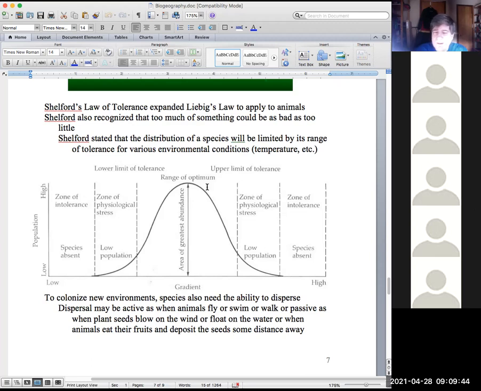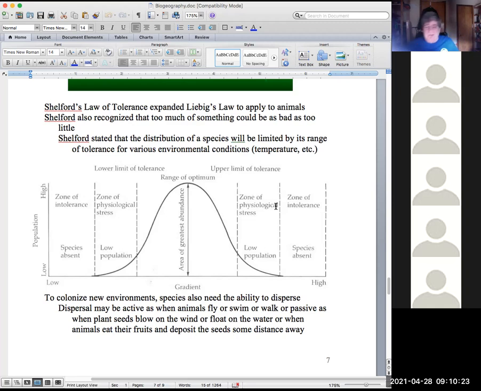Conditions are great. Now, at both extremes, beyond the optimal range, we have a range that's sometimes called the zone of stress or the zone of physiological stress. Think about that example I just mentioned. It might seem weird since human body temperature is about 98.6 degrees, but if you're in a room where the temperature is 80 degrees, that's a little too hot, and your body actually has to work to start cooling itself down.